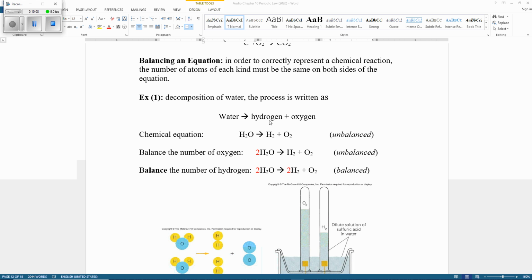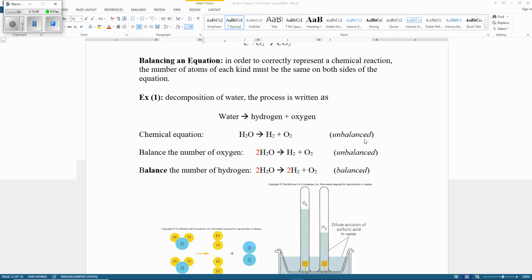Before we have water molecules, two hydrogen, one oxygen. After, one molecule of hydrogen, two atoms, and also one molecule of oxygen, two atoms. You can see it's not balanced because before and after you have two and two hydrogen, but before only one oxygen, after two oxygen atoms.